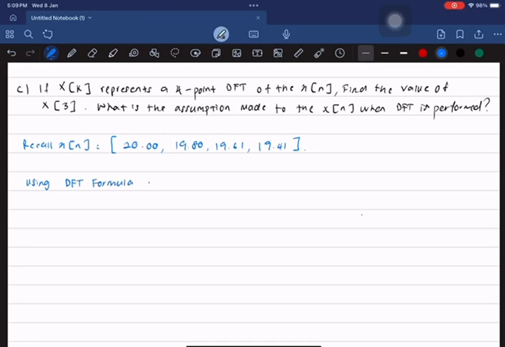We will use the DFT formula, which is X[k] equals the summation from n equals 0 to 3, because we want to find X[3], of x[n] e^(−j2π kn/4).